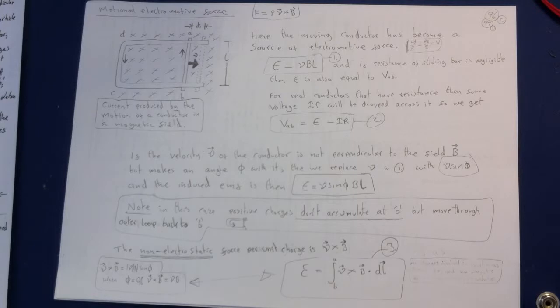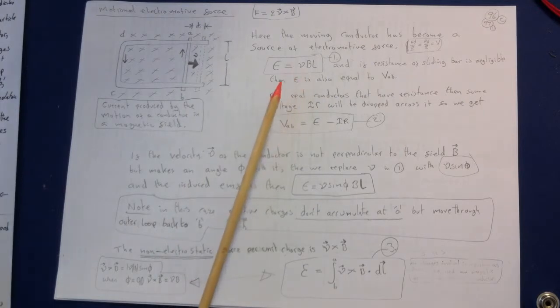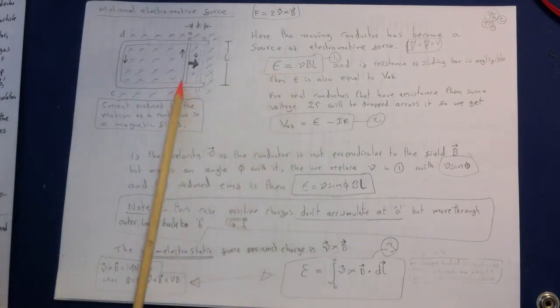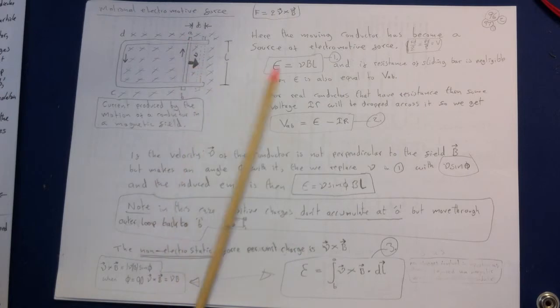The moving conductor has become a source of electromotive force. Charge moves within it from lower to higher potential, and in the remainder of the circuit, charge moves from higher to lower potential. We call this a motional electromotive force, denoted by capital E. We can write E equals vBL. Instead of writing the voltage, we can write this as vBL.